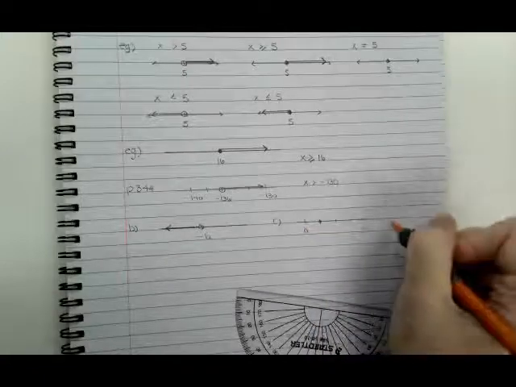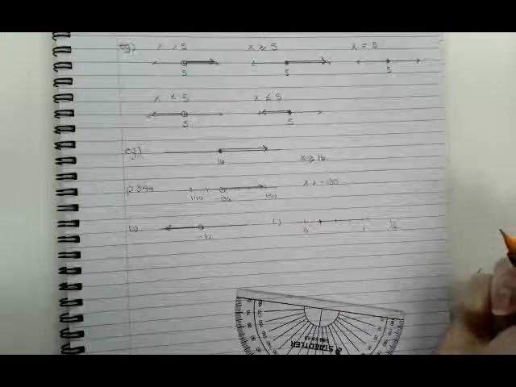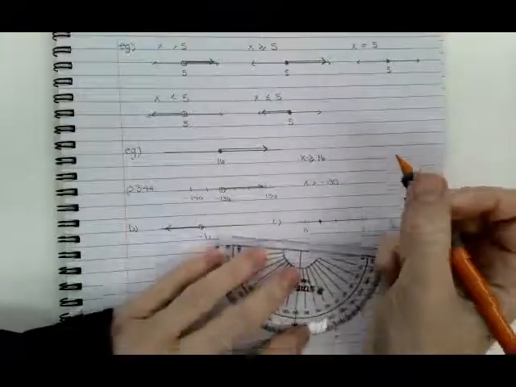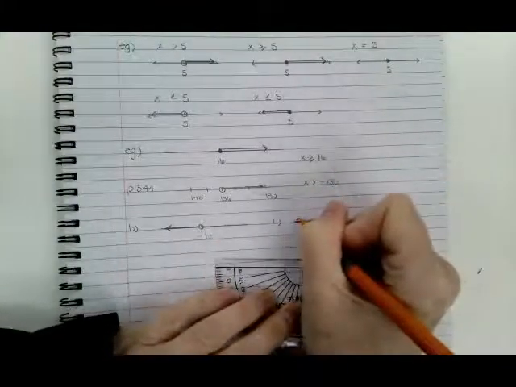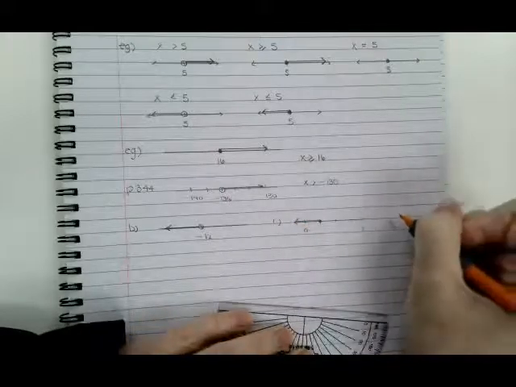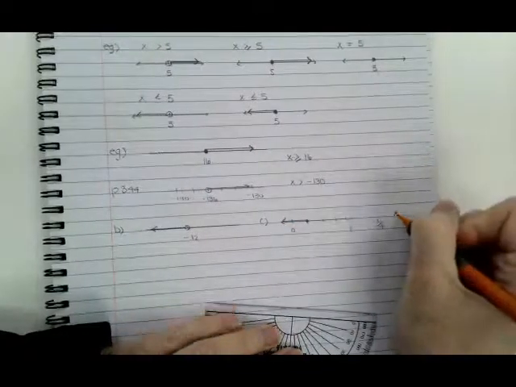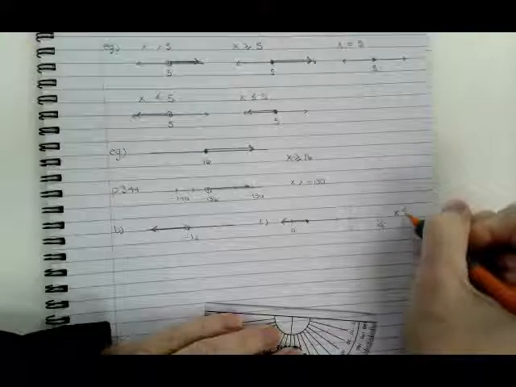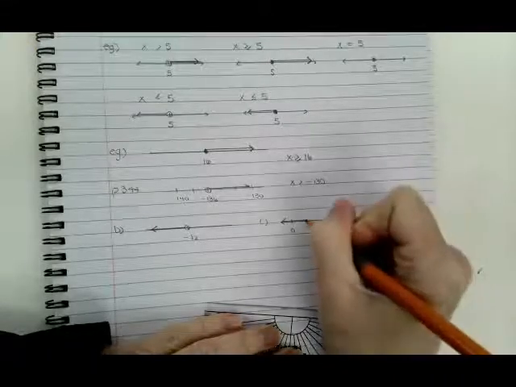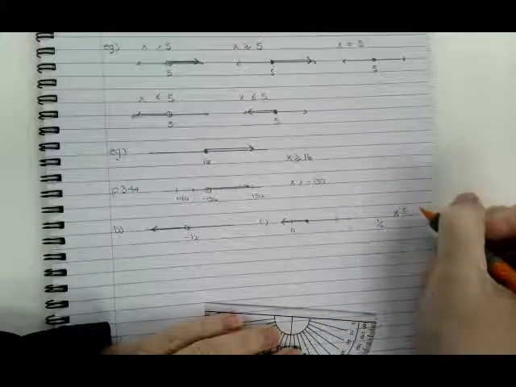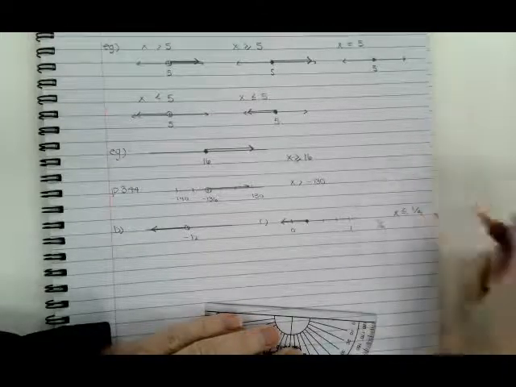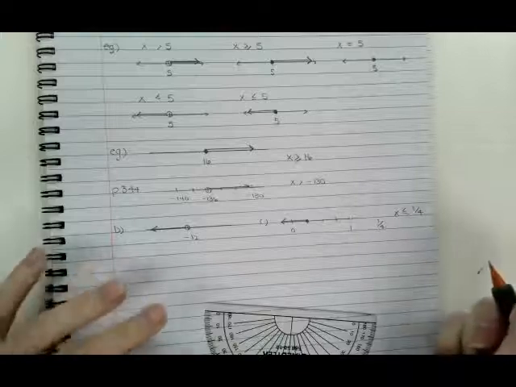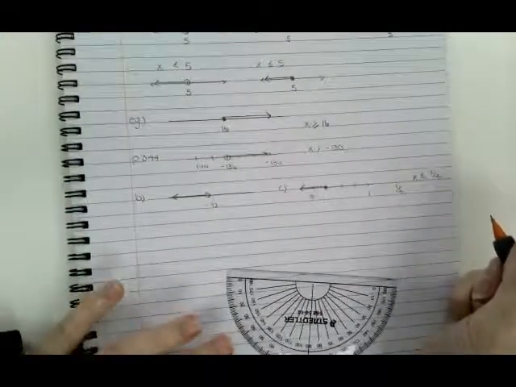So I'm over 1 line, which means I'm over 1/4 is here, and then I am going downward. So x is going to be less than or equal to, because I have a closed line or a filled in solid line, less than or equal to 1/4.